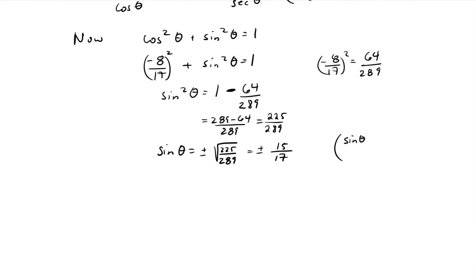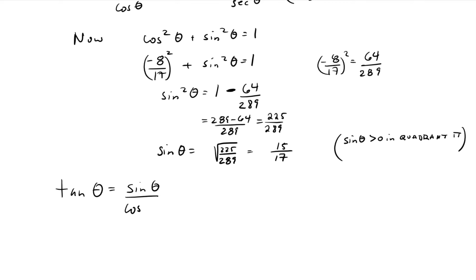Sine of theta is positive in quadrant 2. Okay, so positive, so that means I'm going to just replace those by positive signs. So 15 over 17. Okay, and once we've got sine and cosine, everything else is easy.